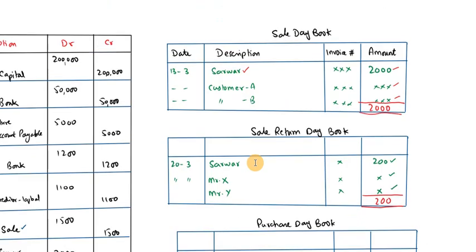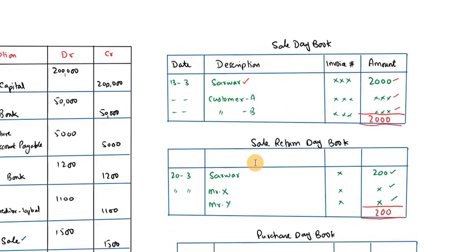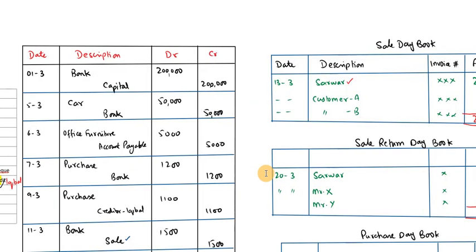As you know, in the day book we will record the credit transaction, not cash transaction, because every cash transaction will go to the cash day book. So in the purchase day book we will record the credit purchase. Student, let's find the credit purchase.